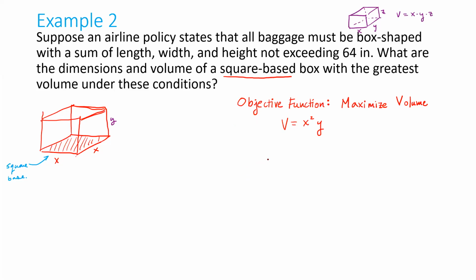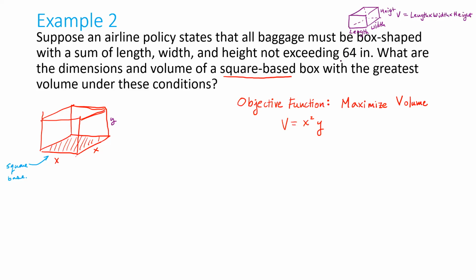Right. Or here, let me say it this way. We know if I've got a box, it's got a length, it's got a width, and it's got a height. And the volume is length times width times height, okay?